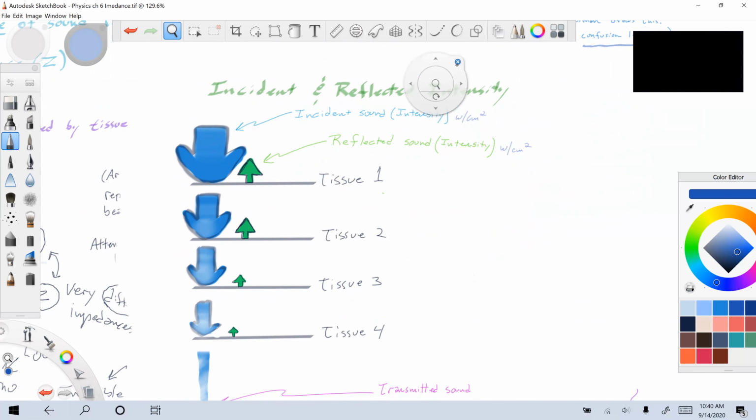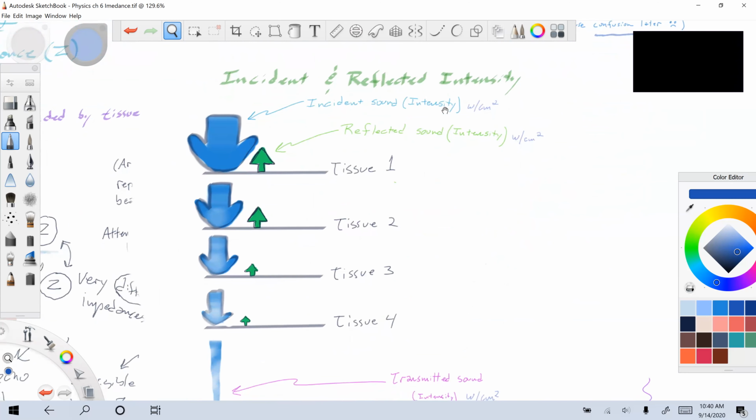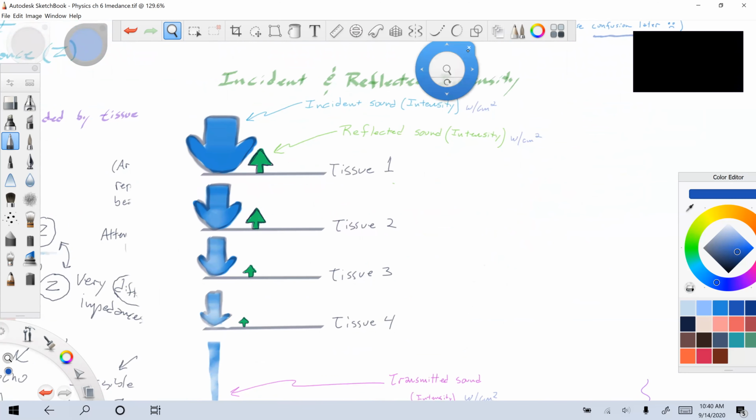So I kind of mentioned up here, I erased it already, I drew a carotid here, right? And I drew an arrow here and an arrow there, and then an arrow here, and then a smaller arrow there, and an arrow here, and then maybe a small arrow.